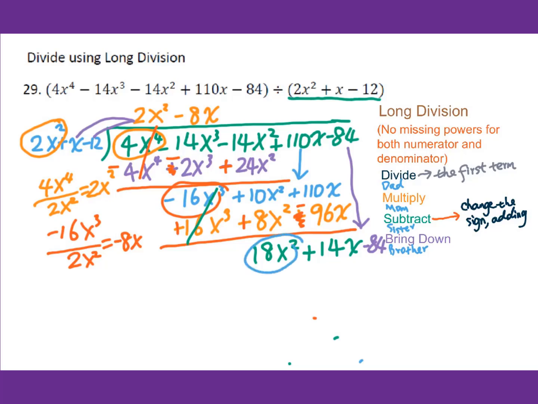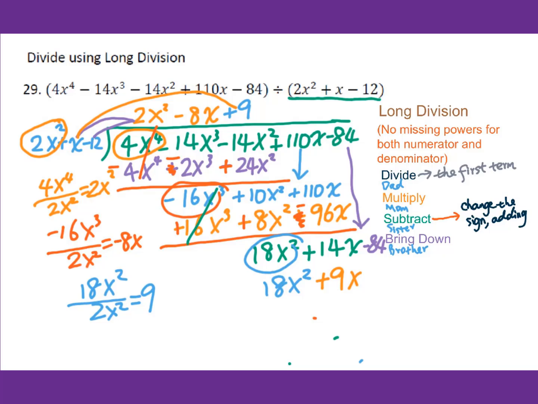First term we do divide. 18x squared divided by 2x squared, you got 9. So plus 9. 18x squared stays. Then we do multiply. x times 9, that is positive 9x. That negative 12 times 9, that is negative 108.